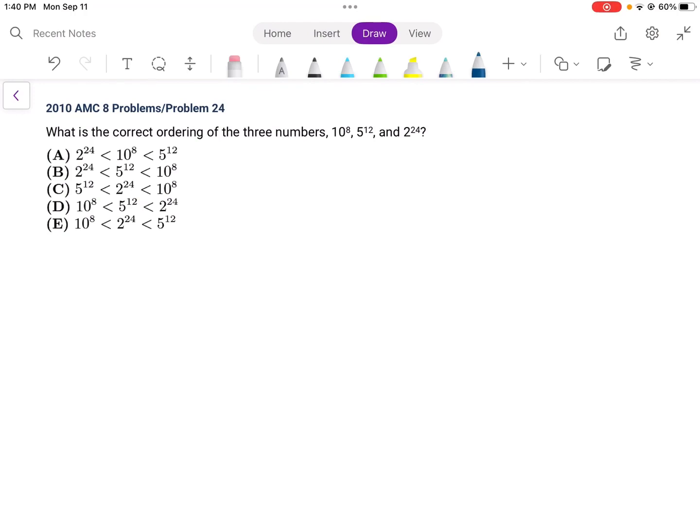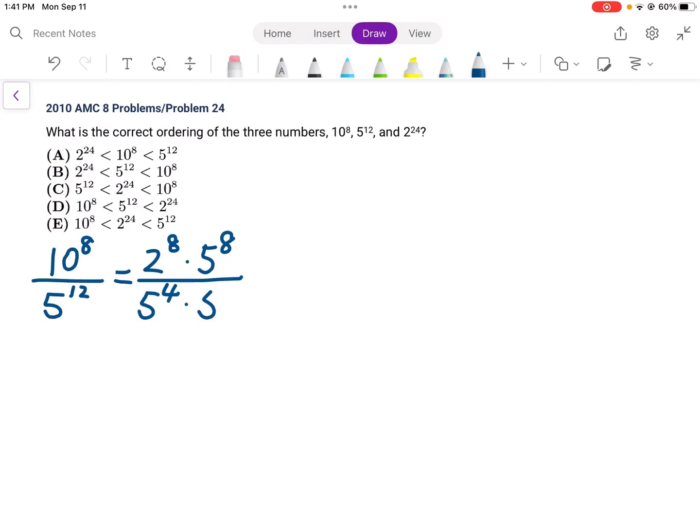Problem 24. Let's first compare the first two numbers, 10 to the 8 and 5 to the 12. To compare, we use division. We use 10 to the 8 divided by 5 to the 12. Because 10 equals 2 multiplied by 5, this can be written as 2 to the 8 multiplied by 5 to the 8, divided by 5 to the 4 multiplied by 5 to the 8, and we cancel this out.